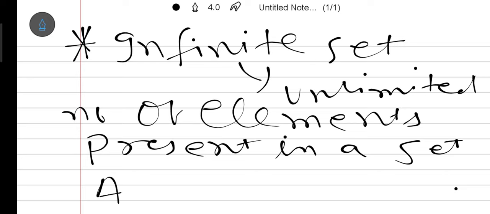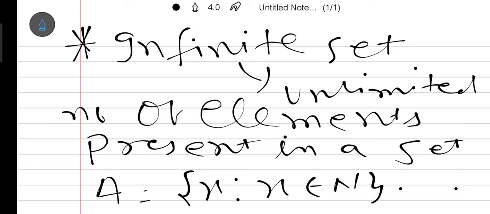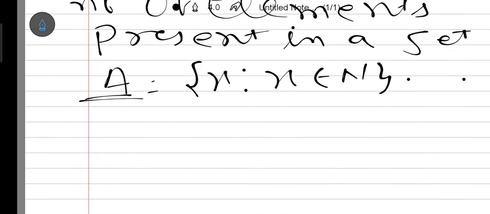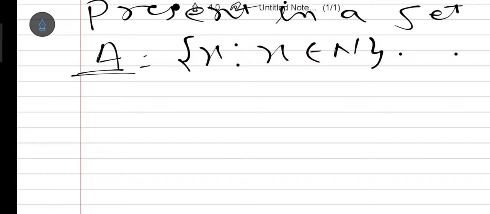Suppose we take an example and write {x : x belongs to N}. This is an infinite set, because we really don't know how many natural numbers are present in the whole number system.